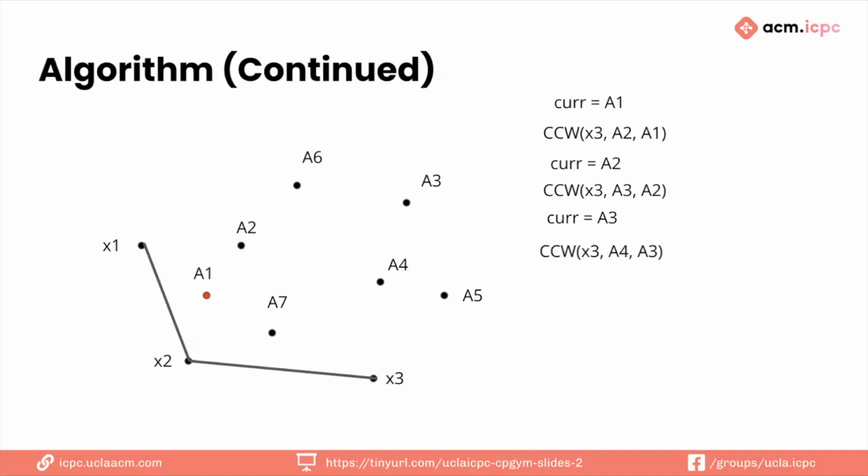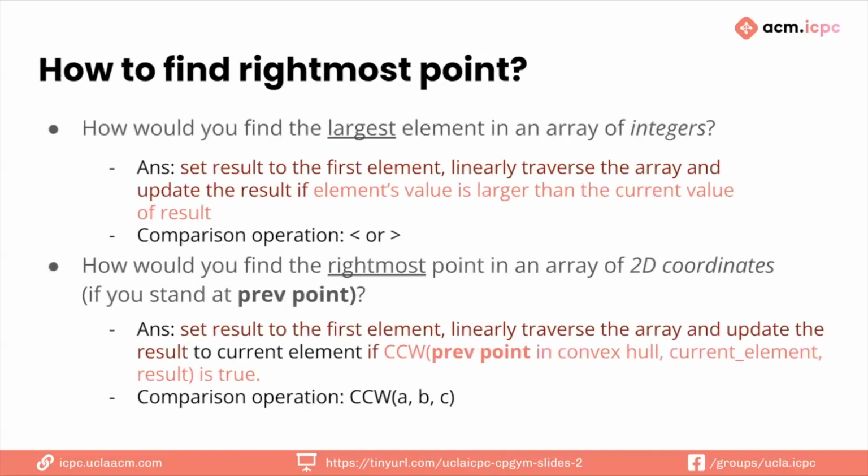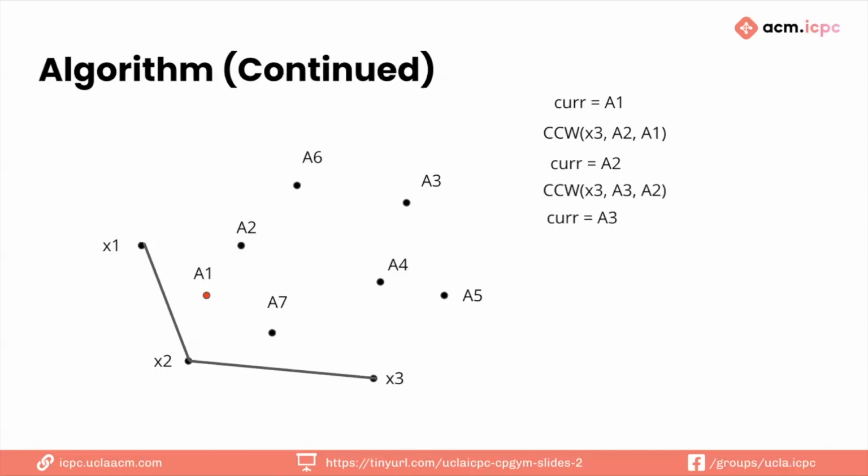Yep, X3, A4, A3. And here, X3, A4, A3 are actually ordered clockwise. So by the algorithm, we do not update the current element. It stays A3. We move on to the next one, which is A5.